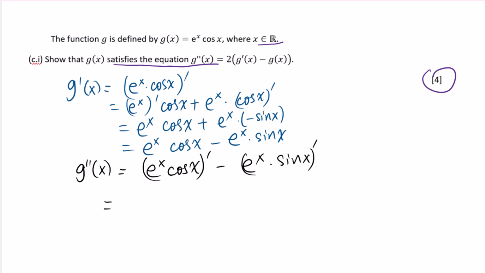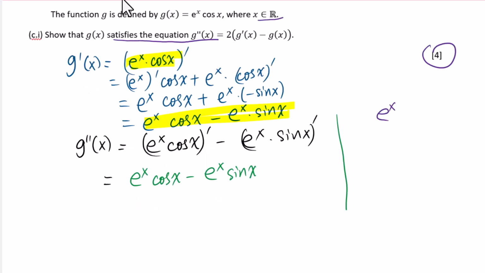We already figured out this prime equals this. So we just need to copy down e to the x power cosine x minus e to the x power sine x.